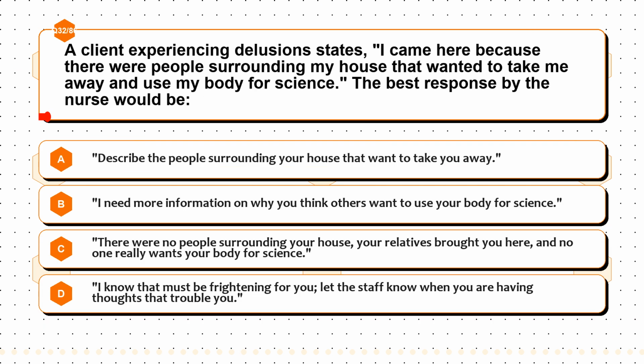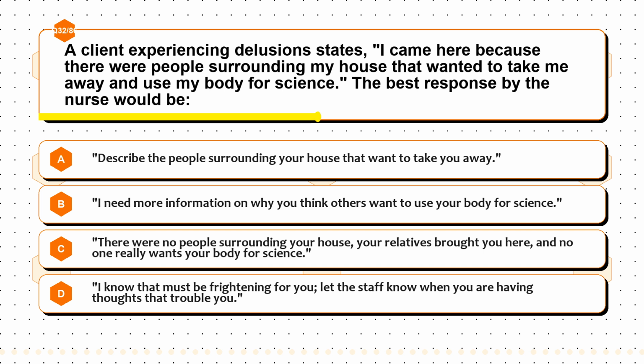Question 32. A client experiencing delusions states, I came here because there were people surrounding my house that wanted to take me away and use my body for science. The best response by the nurse would be, here are the options. Option A. Describe the people surrounding your house that want to take you away.